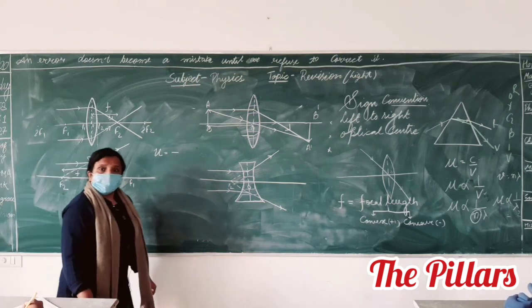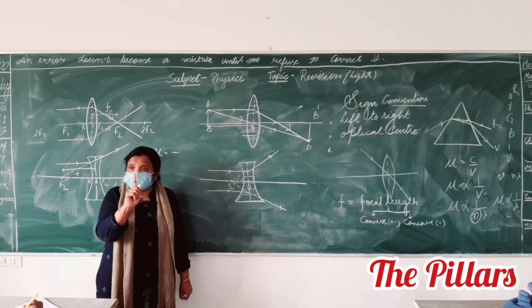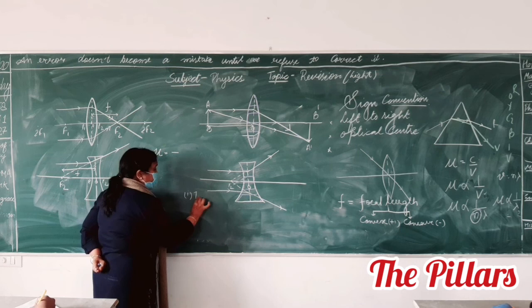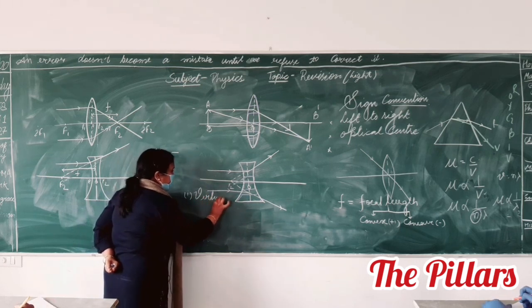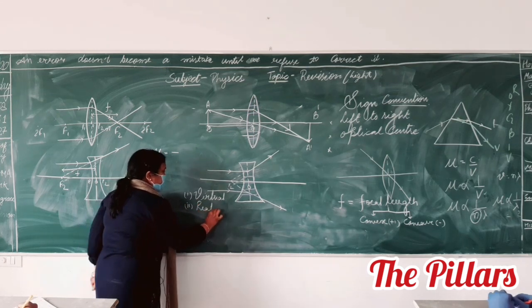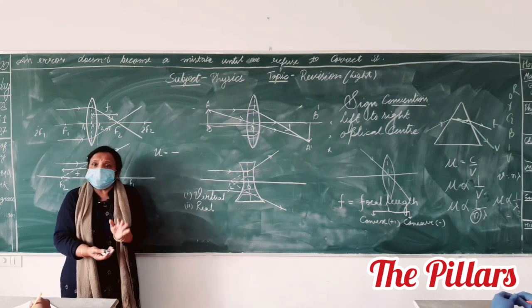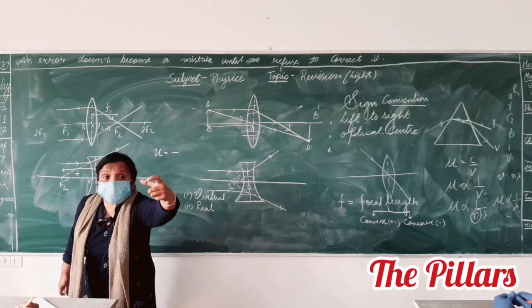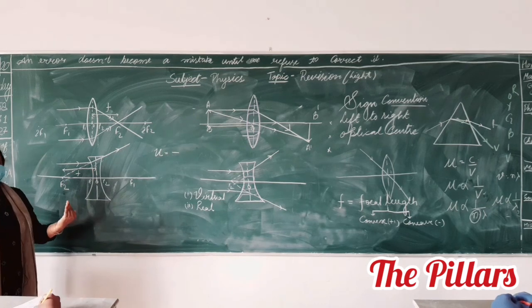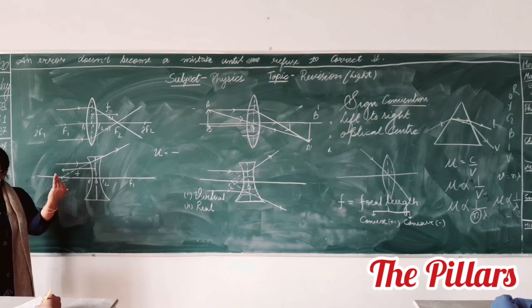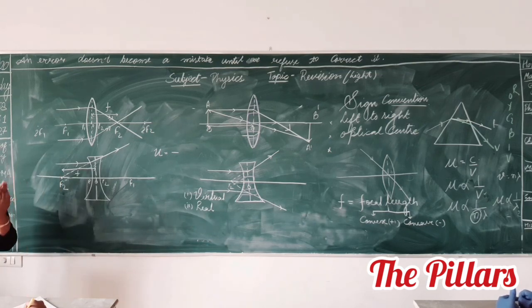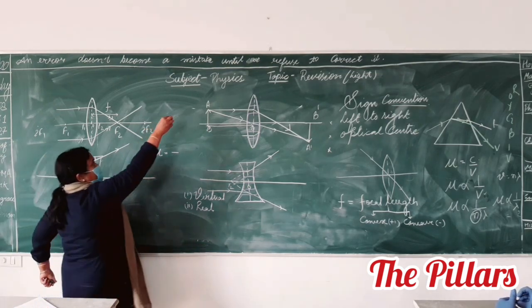Right? Now, two cases. Number one, if the image formed is virtual and if the image formed is real. Image formed is virtual, what is the meaning? It will be formed in front of the lens. Remember, virtual means in front of the lens.